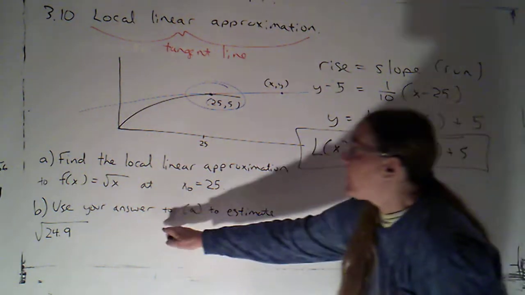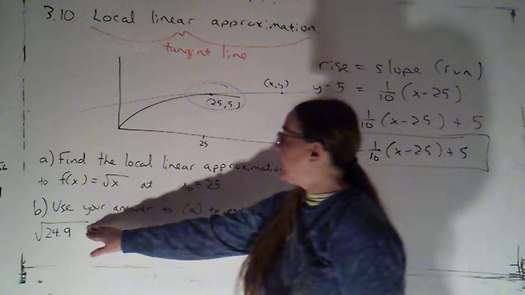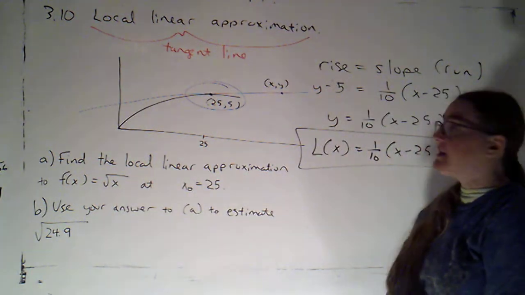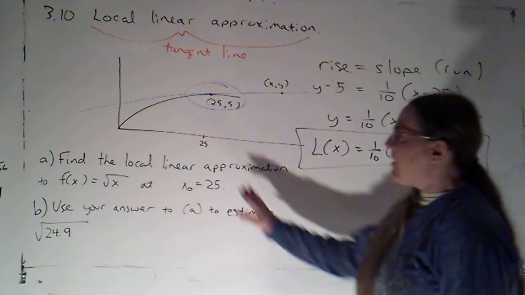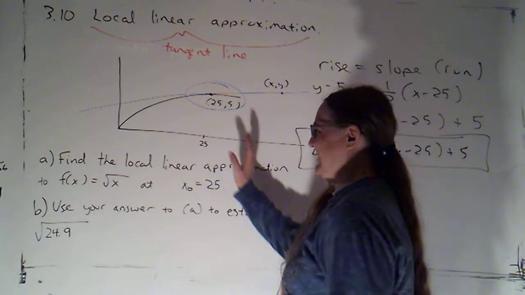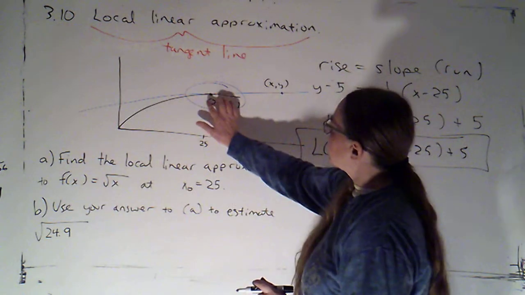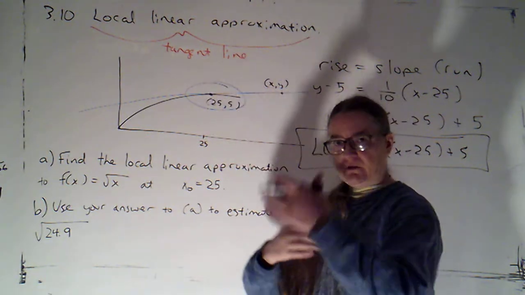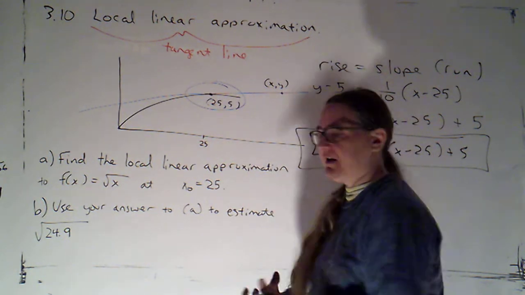Okay, now part B, we want to use our answer to estimate the square root of 24.9. So here's what's going on. Now I'm going to purposely draw this completely not to scale, because if I draw things in this region where the line and the curve are close, it's going to be hard for you to see what's going on.